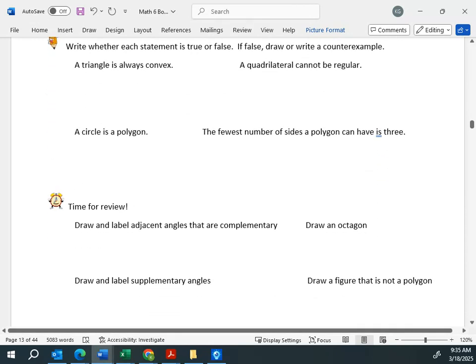So I see here a quadrilateral cannot be regular. What is an example of a regular quadrilateral? A square. So this would be false.